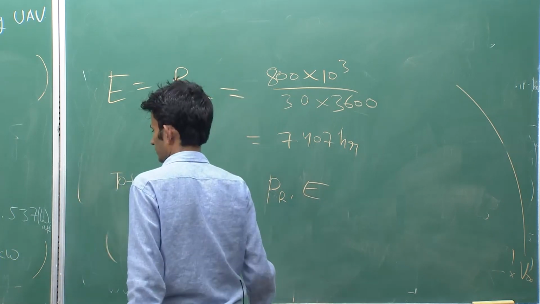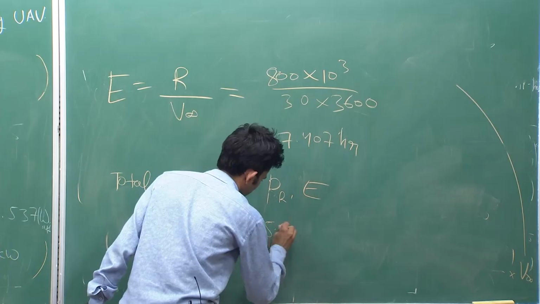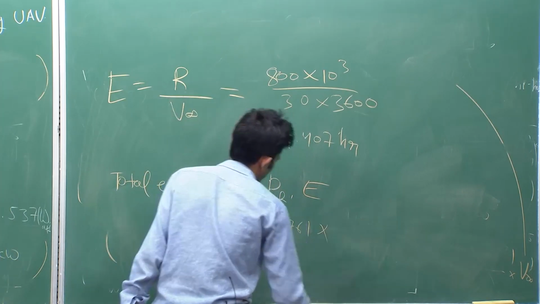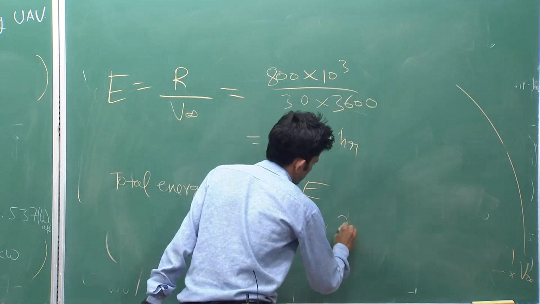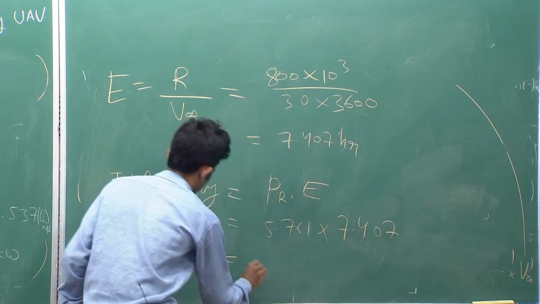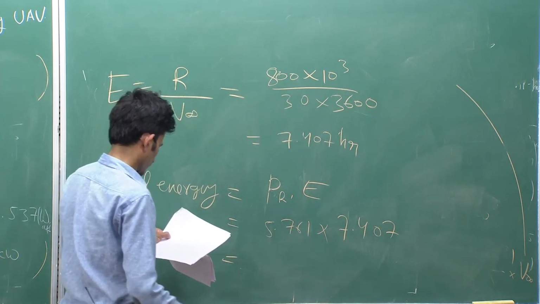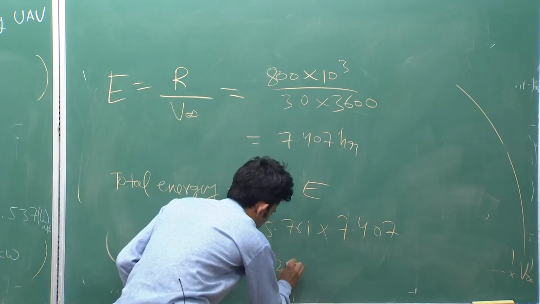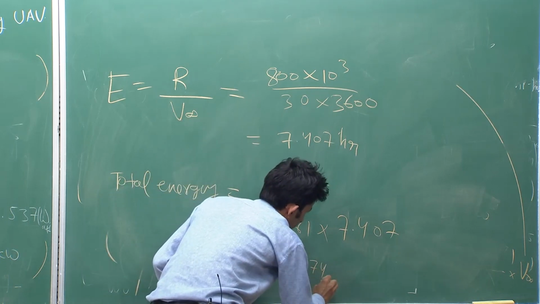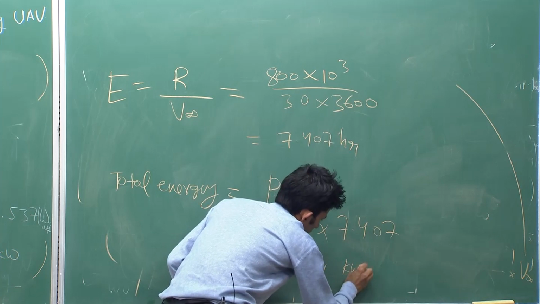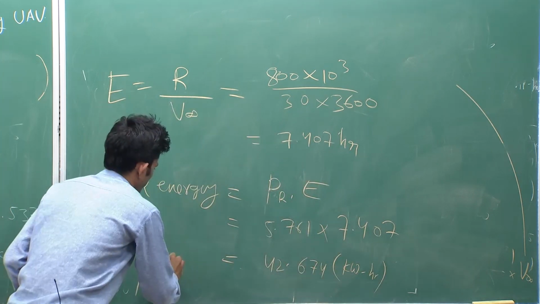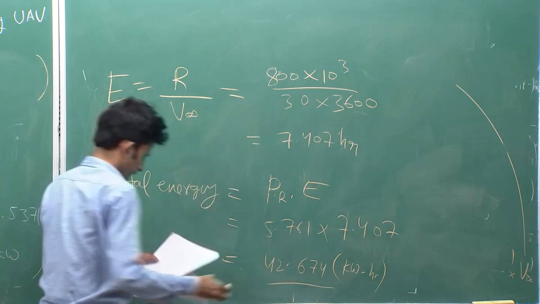So, power required is 5.761 kilowatt into endurance 7.407. So, your answer will be 42.6754 kilowatt hour. So that will be your total energy.